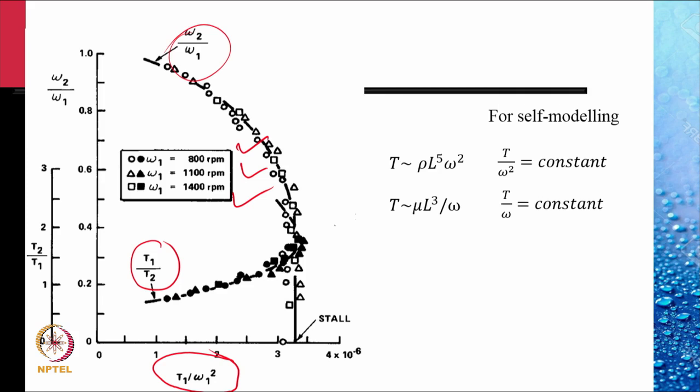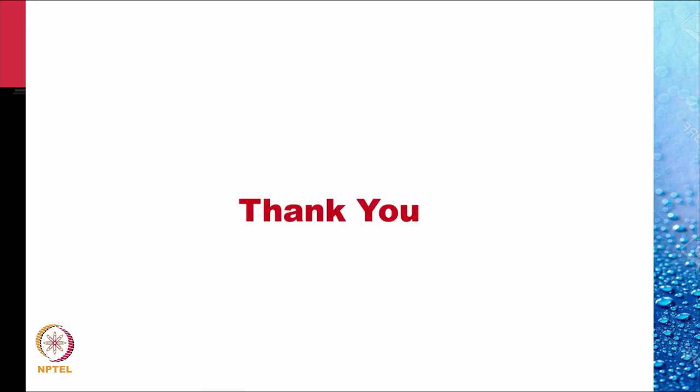That means that the torque converter is governed by inertial forces, and we can forget about the viscous forces. So the assumption of negligible viscous forces, because the flow is expected to be turbulent within the casing of the torque converters, stands the test of self-similarity. Thank you.